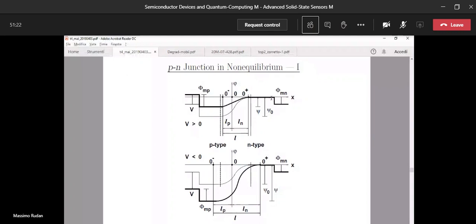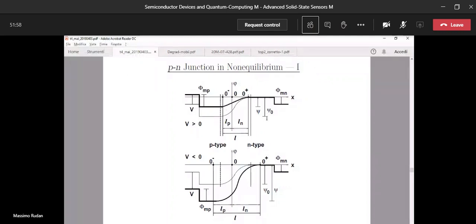It happens that on the right-hand side, the profile of the potential does not change with respect to equilibrium. On the left, all this part rigidly shifts upwards. And then inside, we must have a continuous connection of the electric potential from the value at O minus to the value at O plus, okay?